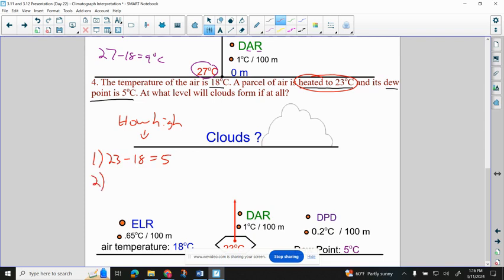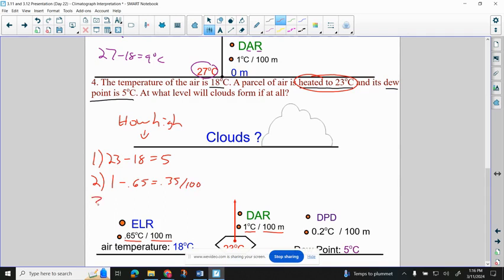Step two is the difference in rates. Again, the parcel of air is going to rise, so it goes down at the DAR, which is 1 degree per 100 meters. The surrounding air always goes down at the ELR, which is 0.65 degrees per 100 meters. So I'm just going to do 1 minus 0.65, which equals 0.35 degrees for every 100 meters.